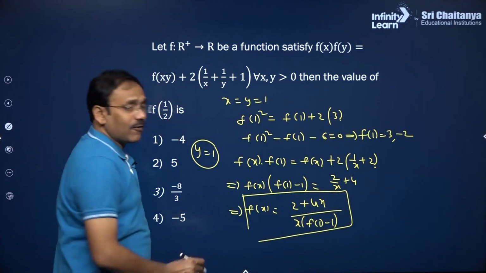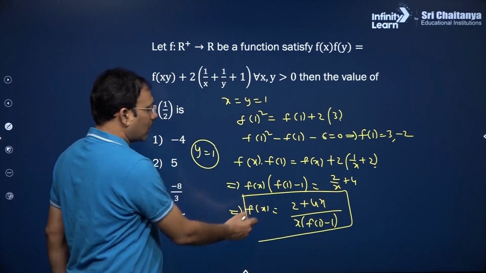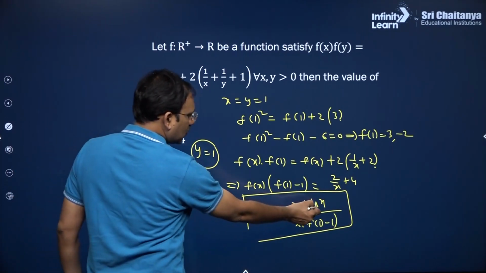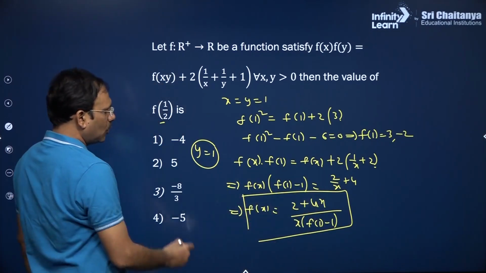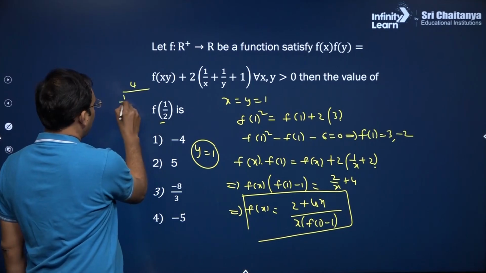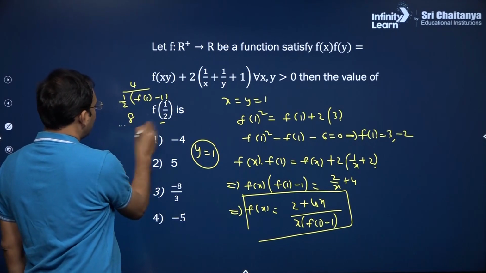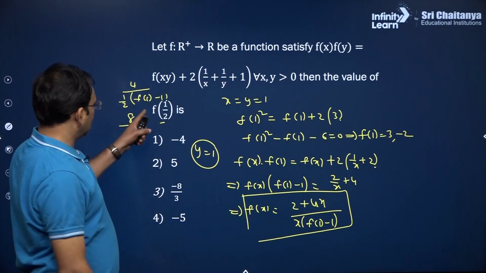So now f of 1 has two possibilities. I want f of 1 by 2. Put x is 1 by 2, my dear friends. This is 4 by 2 will become 2. 4 by 1 by 2 into (f of 1 minus 1), which is 8 by (f of 1 minus 1). So this is f of 1.